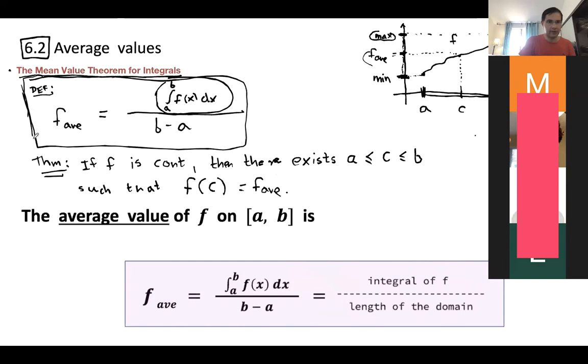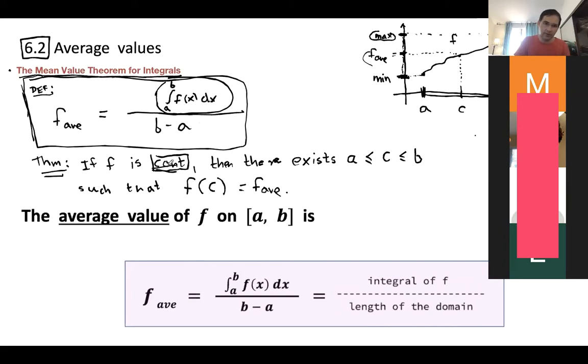In this section, we have one definition: the average value of a function is defined in this simple way, the definite integral divided by the length of the domain. And the main result is applicable not for all functions, but only for those that are continuous. I could give you an example of a discontinuous function where this is not true, but we have no time.